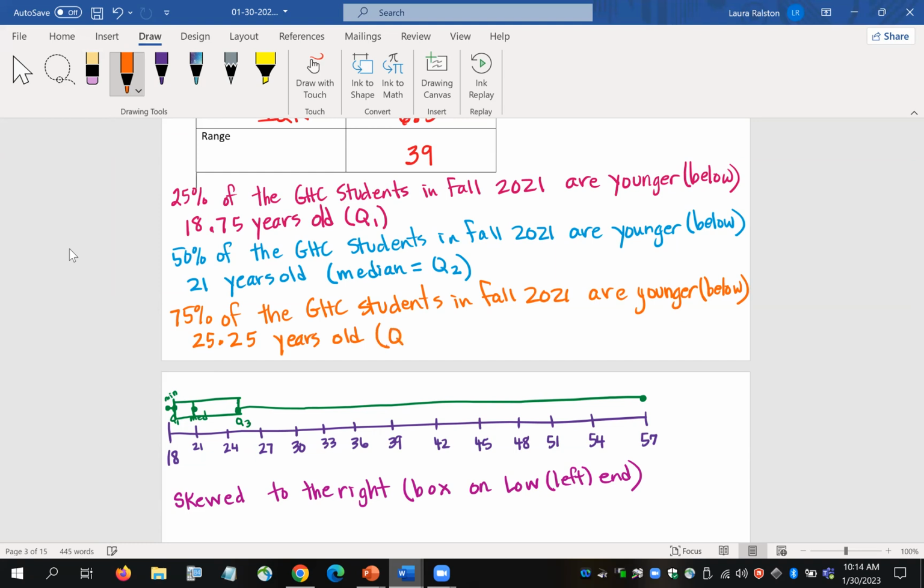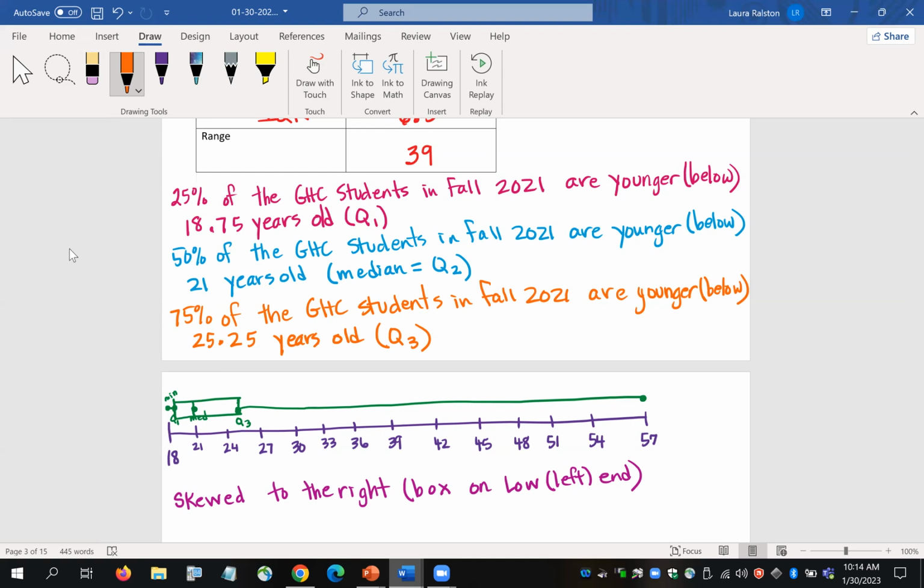That's Q3. So again, it helps you to see how the data is divided up into groups. We basically create 4 groups with 25% each.